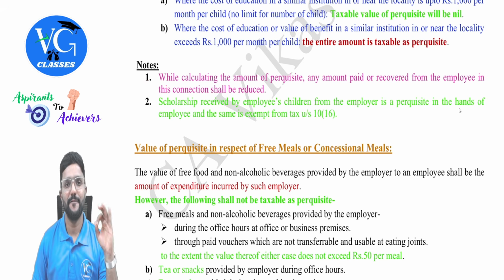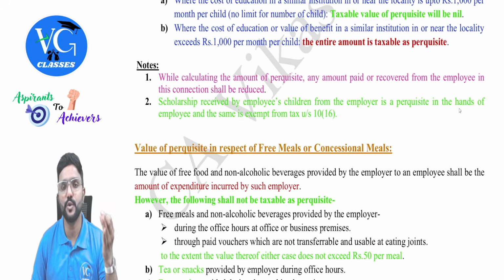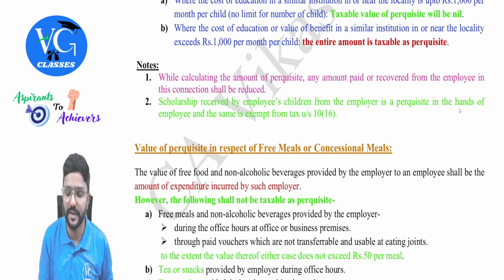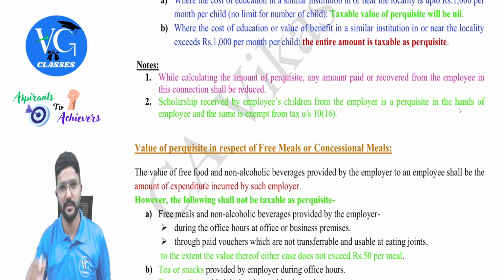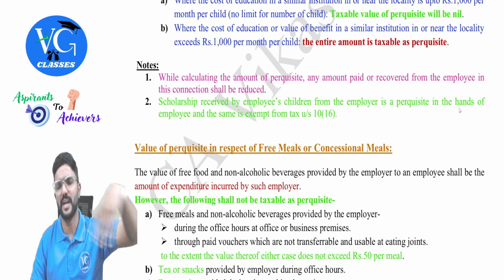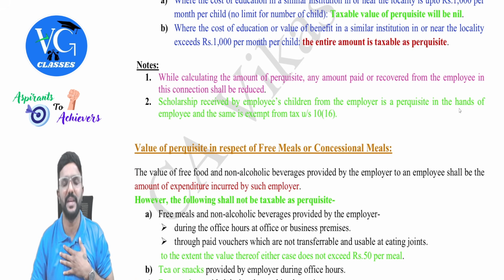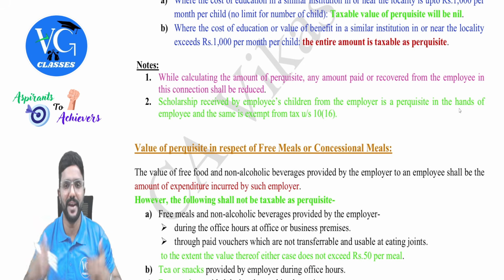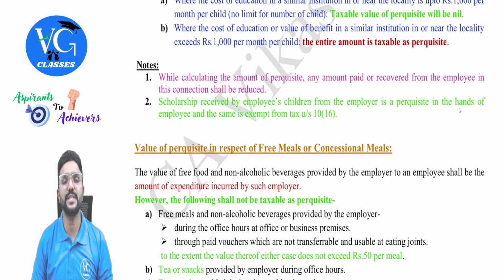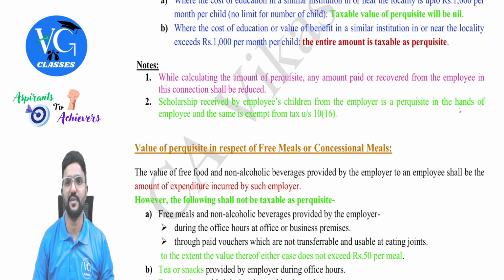And if a scholarship is provided by the employer to the employee's children to meet the cost of education, it is always exempt in the hands of the receiver as per section 10 clause 16. Even if it is given by others, not by the employer, assume some outsider, unknown person is giving a scholarship for me to meet the cost of education of myself or my children, is it exempt? Yes. Scholarship received to meet the cost of education will always be exempt in the hands of the receiver, guys.